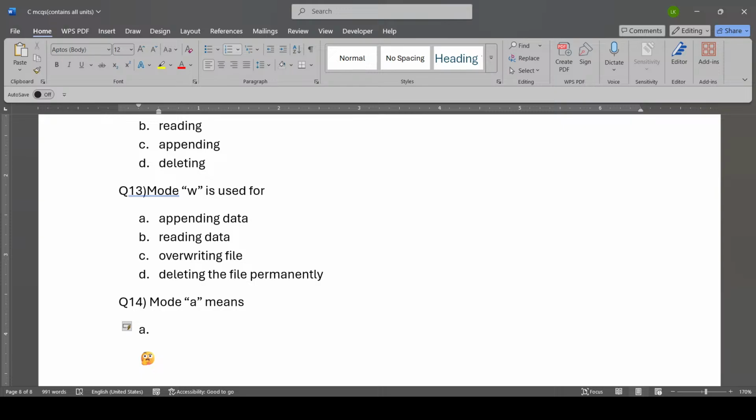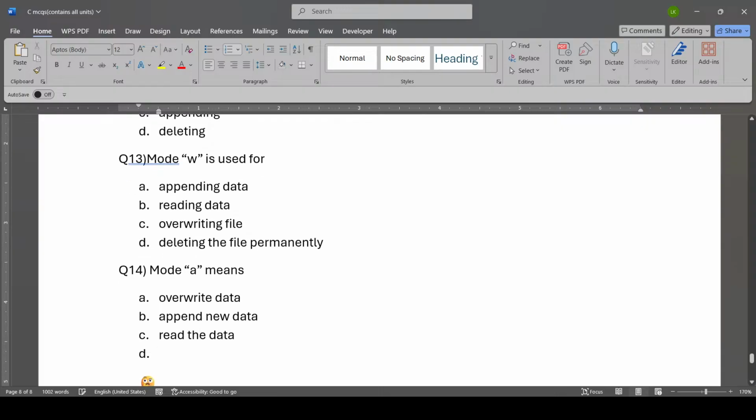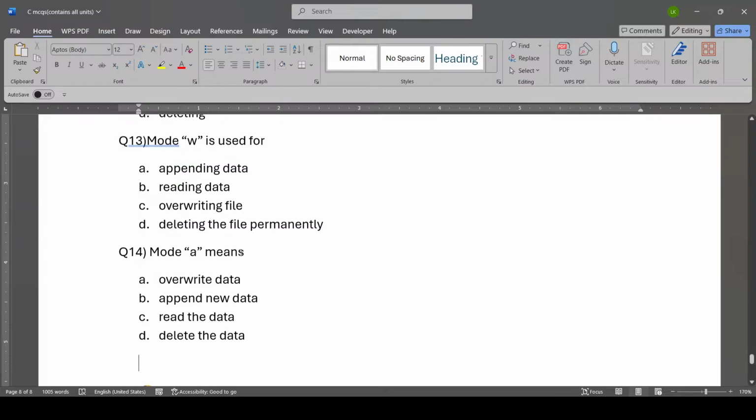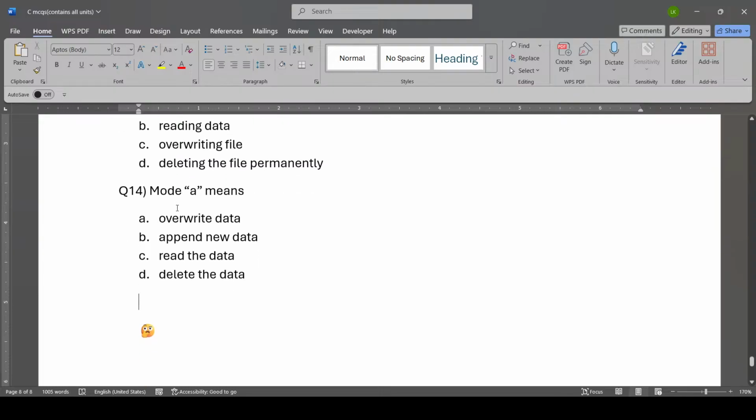Mode A means: overwrite data, append new data, read the data, delete the data. So question 14, which one is the best option? Best answer, not the right answer. Best answer we have to look for.